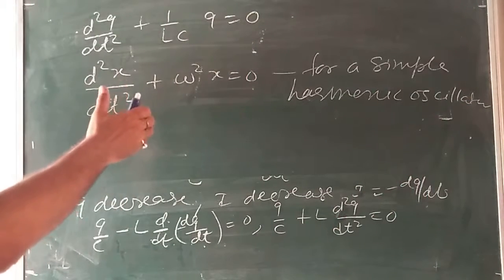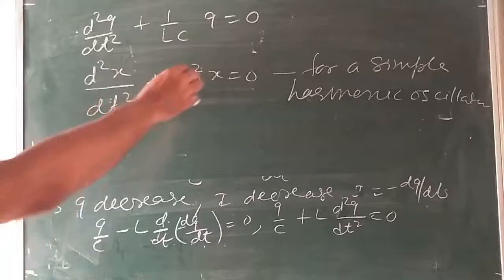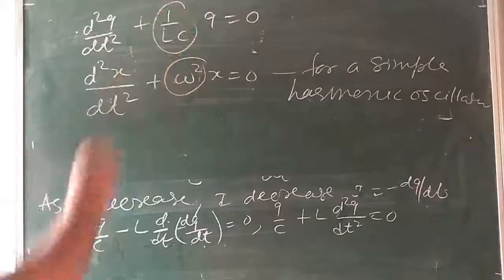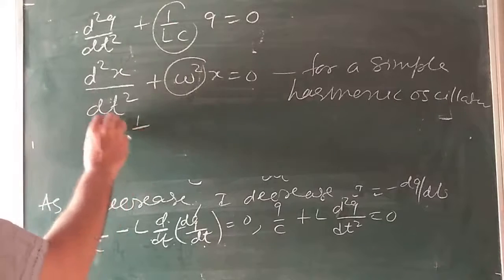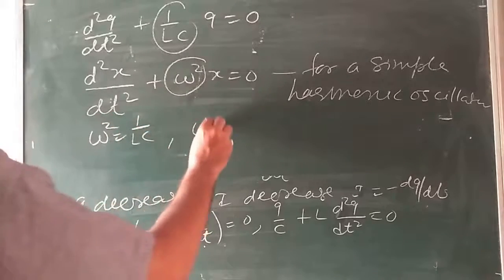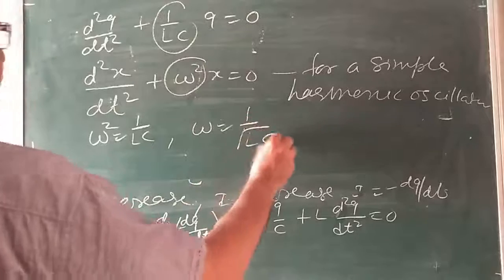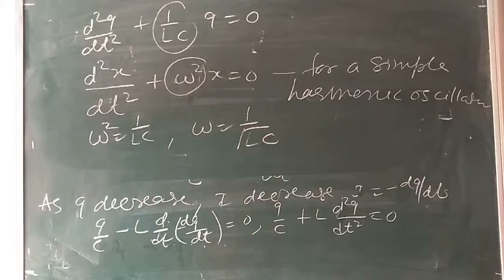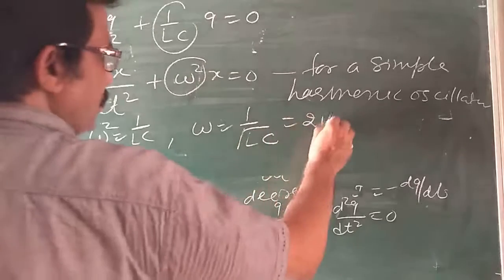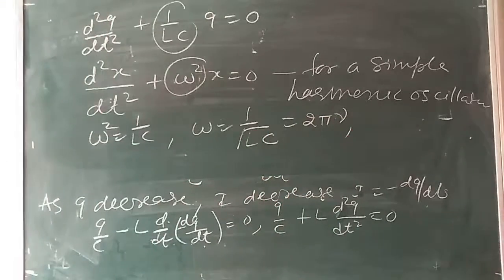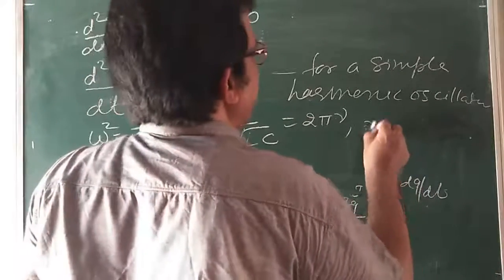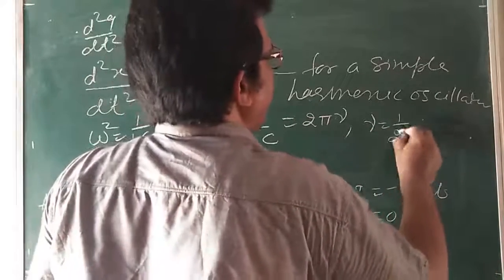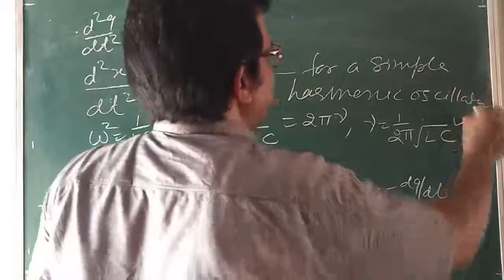So the charge therefore oscillates with a natural frequency. Compare these two, and the charge oscillates with this frequency: omega square is equal to 1 by LC, so omega is 1 by under root of LC. This is equal to 2 pi nu. So the frequency of oscillation in this LC circuit is nu equal to 1 by 2 pi under root of LC.